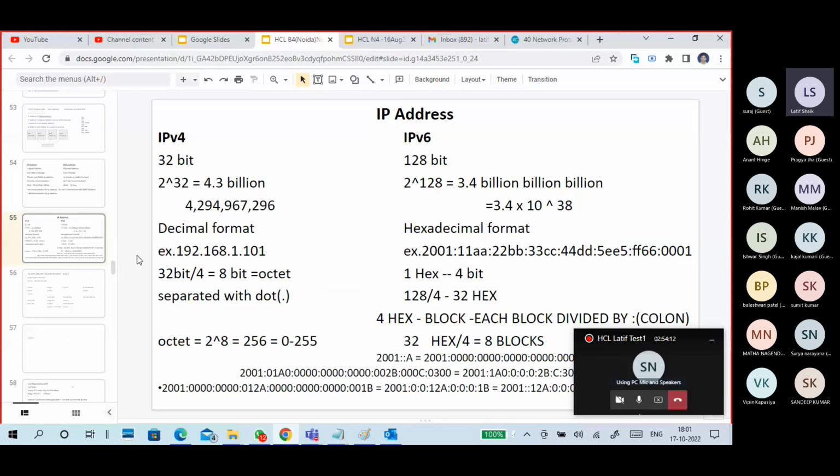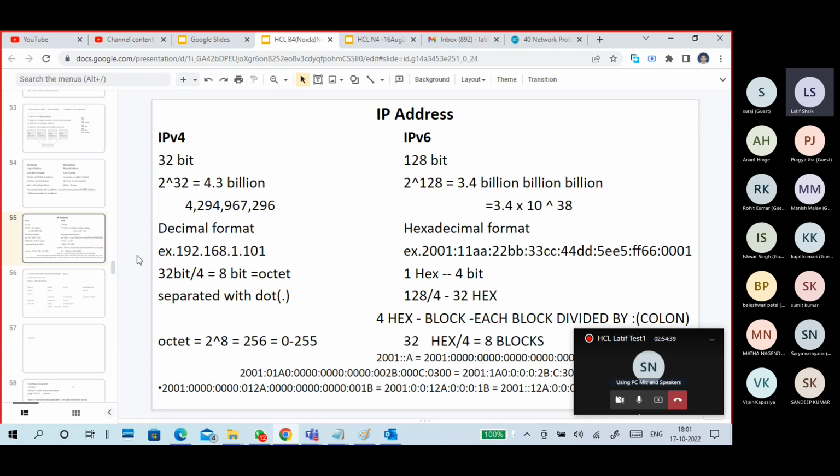So we'll go to IPv6 guys. IPv4 is 32-bit, IPv6 is 128-bit, 2 to the power of 128, about 3.4 into 10 to the power of 38 IP addresses. That many IP addresses. So IPv4 has very limited IP addresses in the entire range. In IPv6 there are lots of IP addresses, billions of IP addresses.